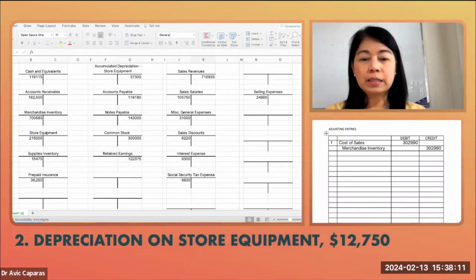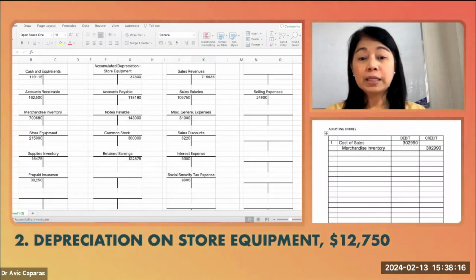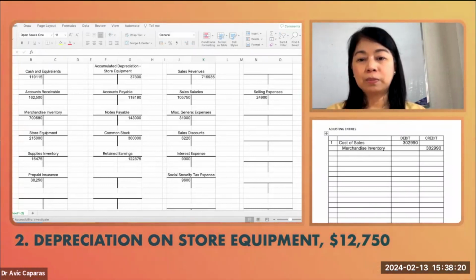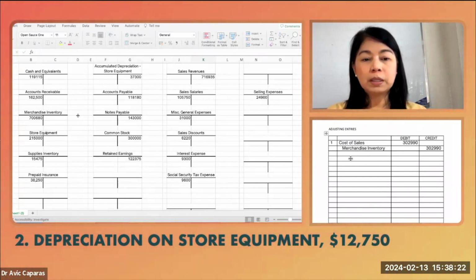The next one is depreciation of store equipment, 12,750. So we recognize an expense and we also increase accumulated depreciation. So how will that be possible?